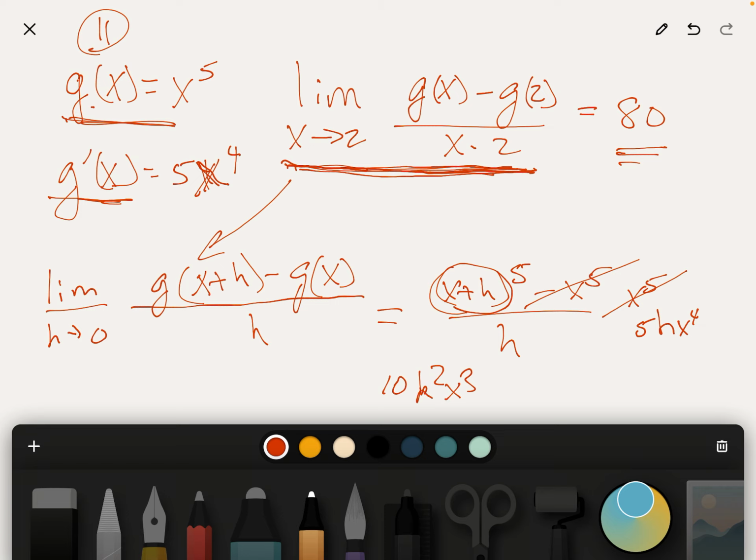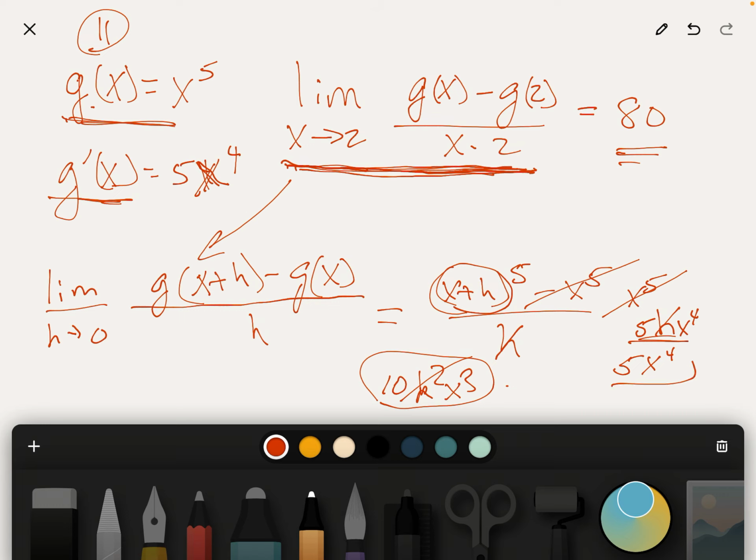But this would be the key term because this is the one time when the h in the denominator cancels out with the h in the numerator, so that as h goes to 0, this term remains fixed, 5x to the fourth, whereas with a term like this, only one of the h's would cancel out and you'd be multiplying by 0. So all those other terms would go to 0.